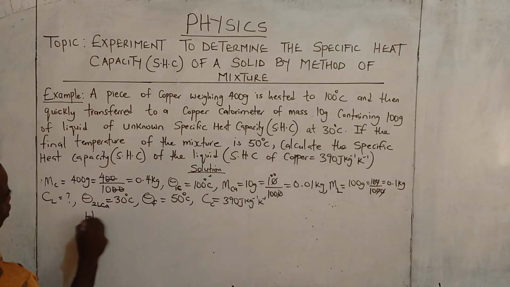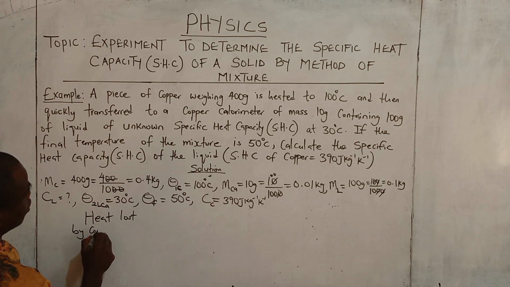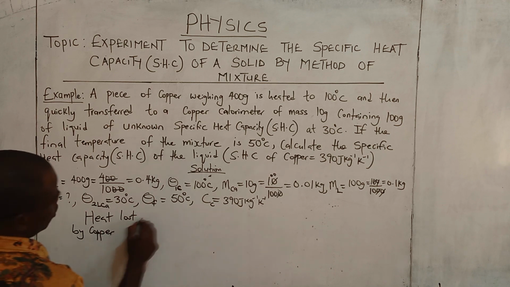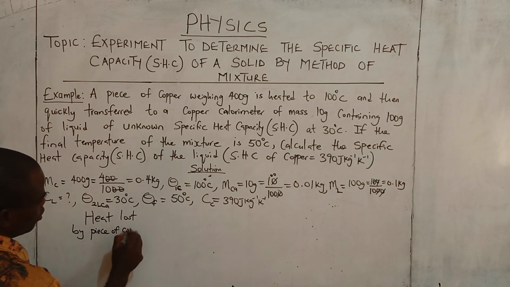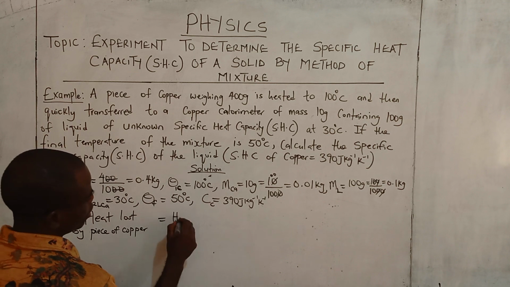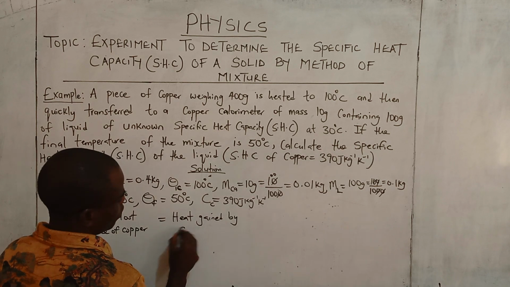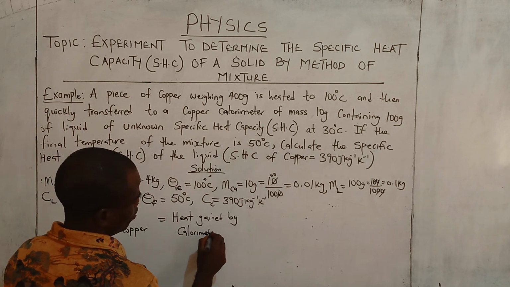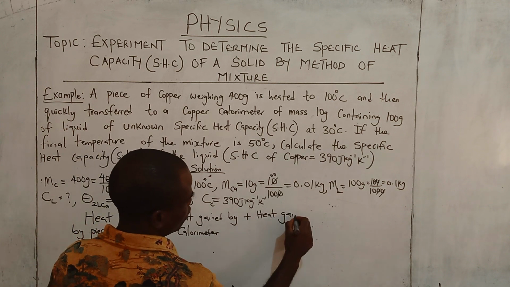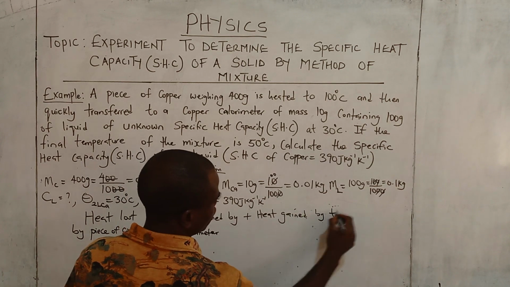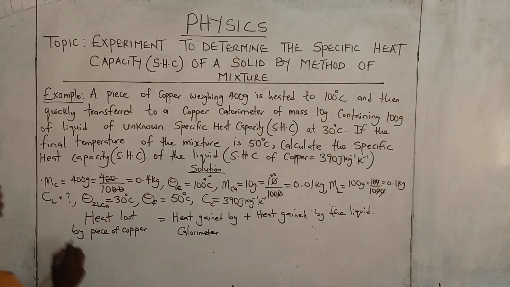Now, write: heat lost by a piece of copper equals heat gained by the calorimeter plus heat gained by the liquid. Good. In this case, it's lost by copper.